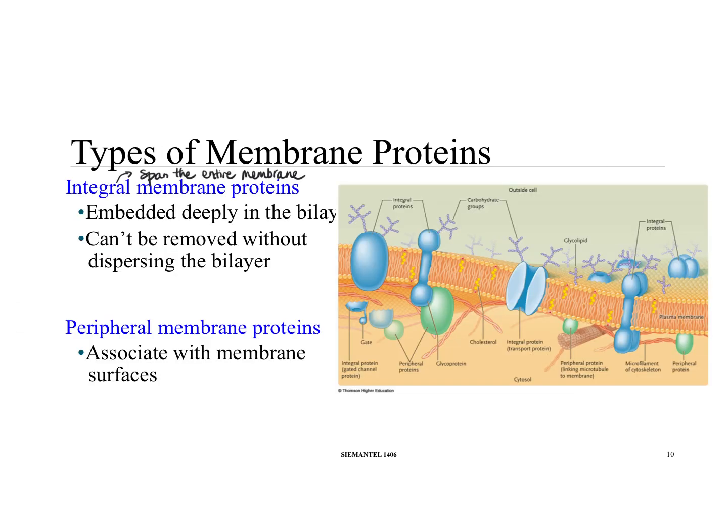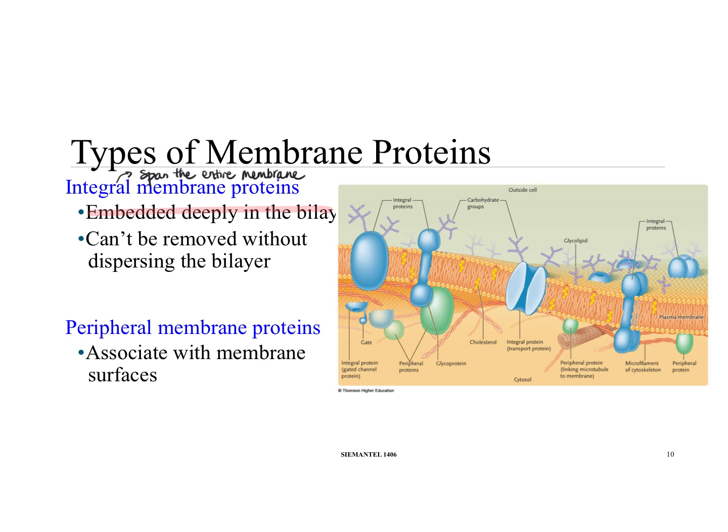Okay, so starting with the two big categories of integral proteins versus peripheral proteins. Integral proteins are embedded all the way through the bilayer. They're deep in the bilayer. So deep that if you remove them without replacing them pretty much immediately, they can cause the layer to disperse.